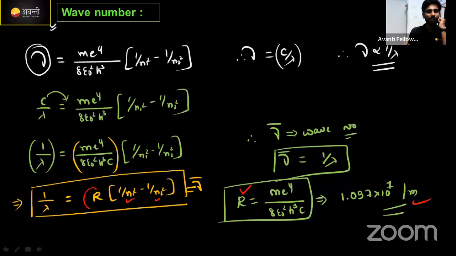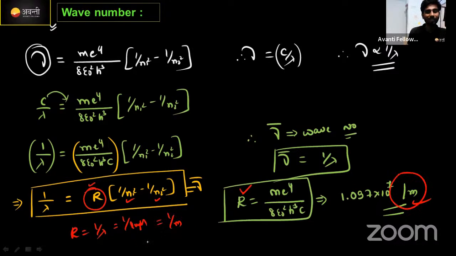To find the SI unit for the Rydberg constant, it is nothing but 1 by lambda. Lambda means wavelength, which is nothing but length. That's why I wrote here per meter.